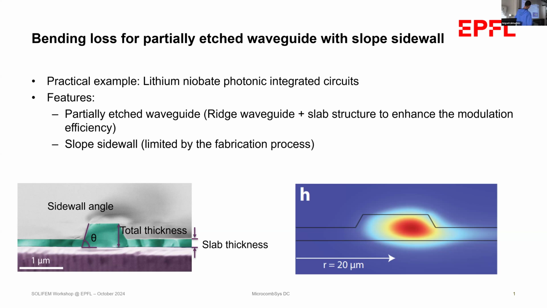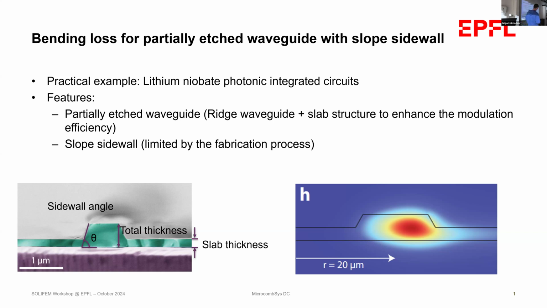And the second, most important thing is that for lithium niobate we usually have a slab layer. So when we etch this lithium niobate material, we don't etch through it. We leave a very thin slab layer at the bottom. And this thin slab layer will cause a lot of bending loss, unlike in the silicon nitride platform.